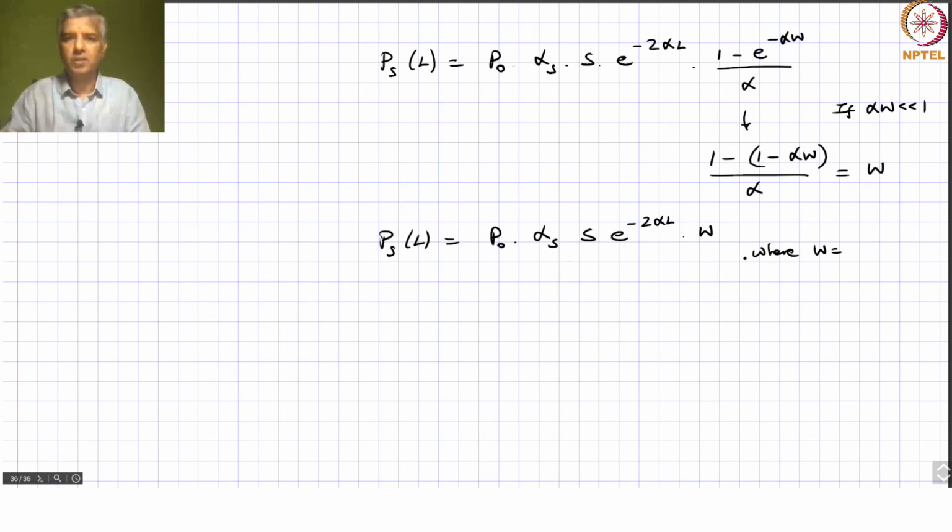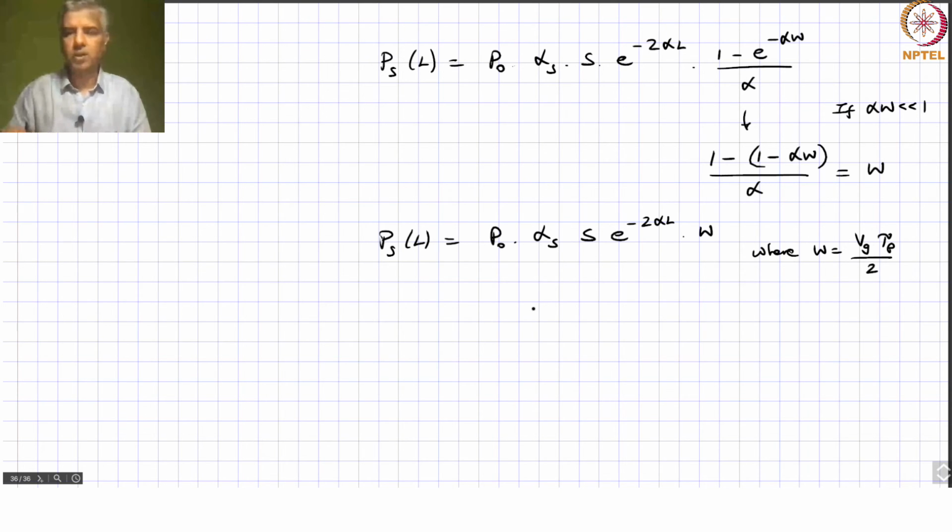Previously we looked at the velocity of light in free space, but now we are going through this glass medium, so you will have a certain velocity Vg, that's the group velocity, multiplied by tau p, the pulse width, but divided by 2, because W corresponds to the single pass distance.